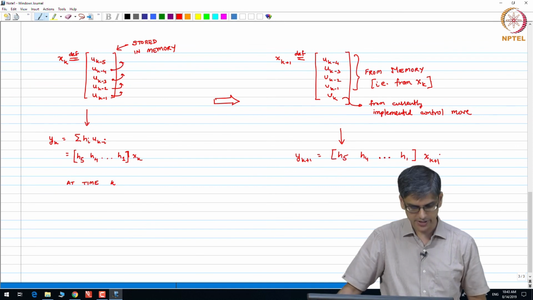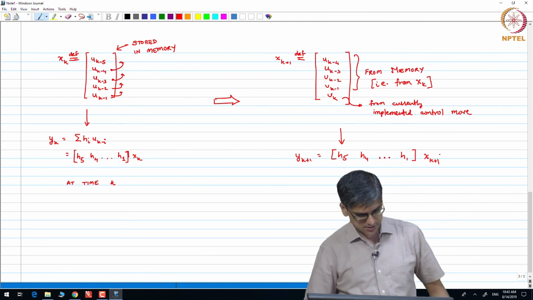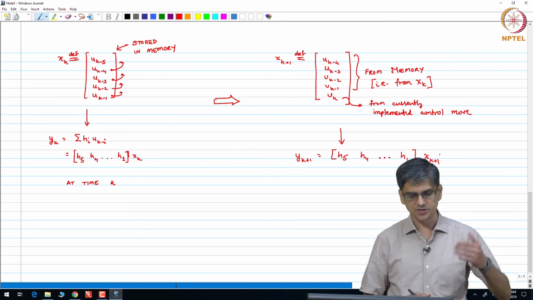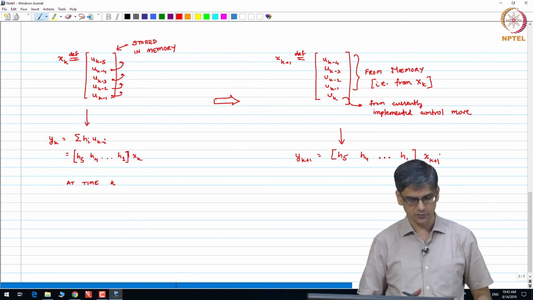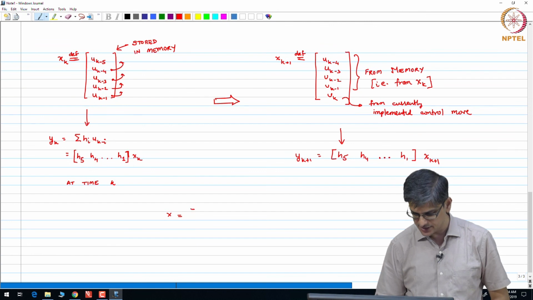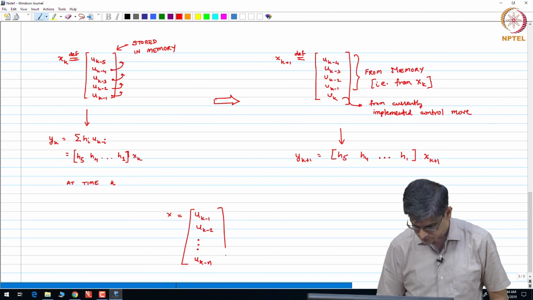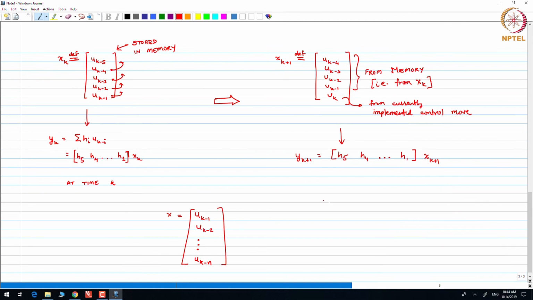The other thing is that there is no reason why x needs to be defined as uk minus 5 to uk minus 1. x can be defined as, okay, if this is how x is defined, then yk is just going to be h1, h2 up to hn multiplied by xk.